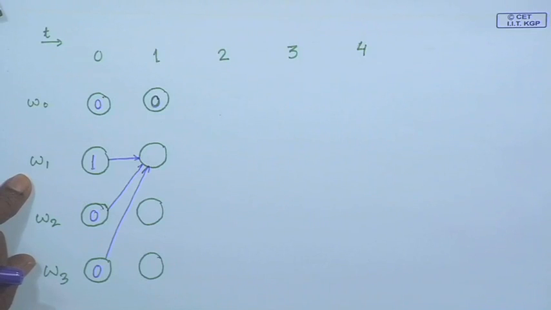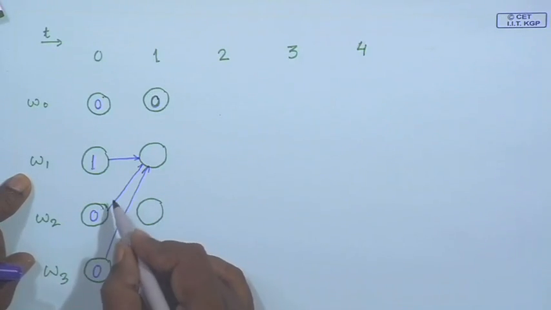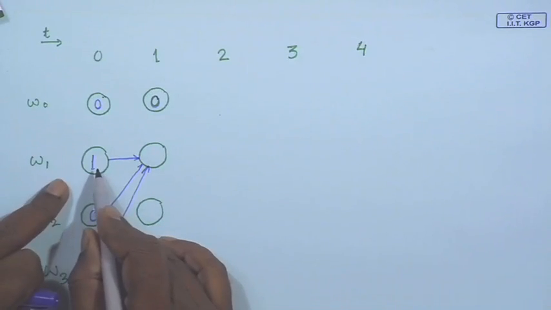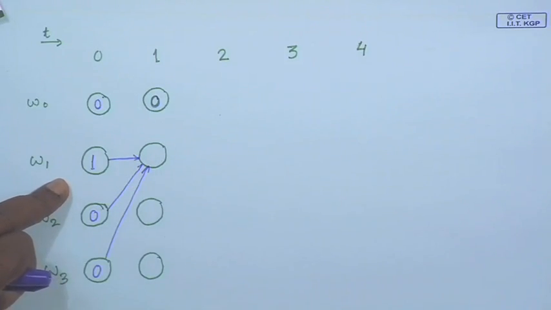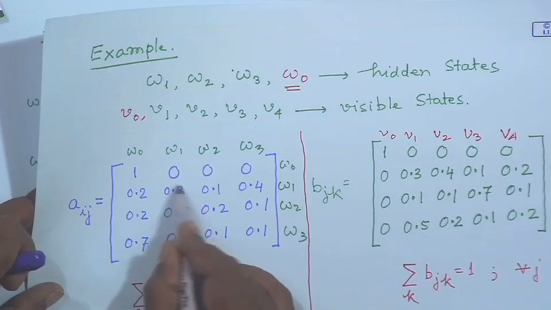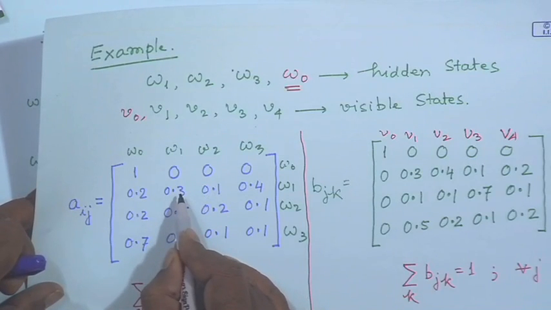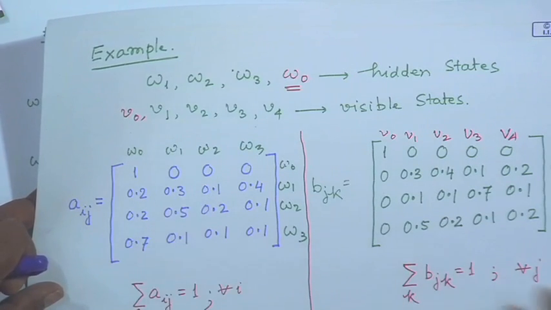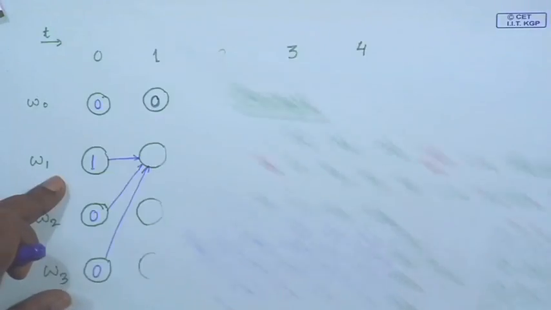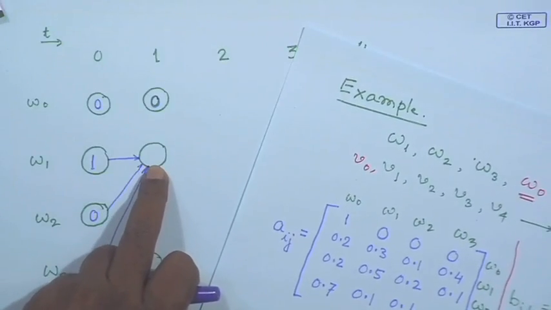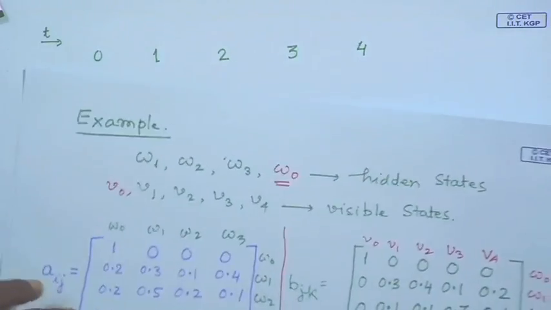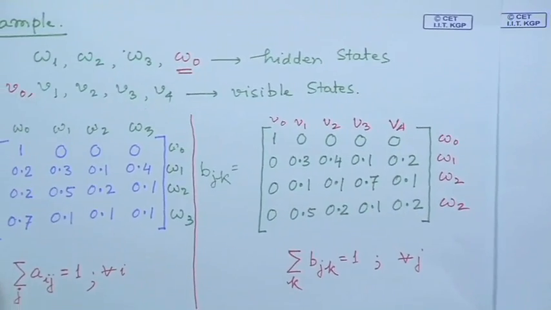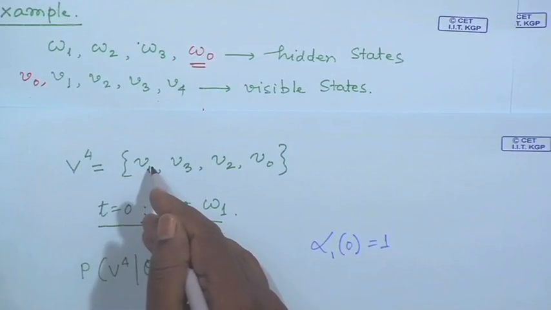Right. Now, this transition probability from omega 1 to omega 1, if you look at this, is equal to 0.3, multiplied by the probability that in state omega 1 at time step 1 it will output the symbol V 1, because my first symbol is V 1.